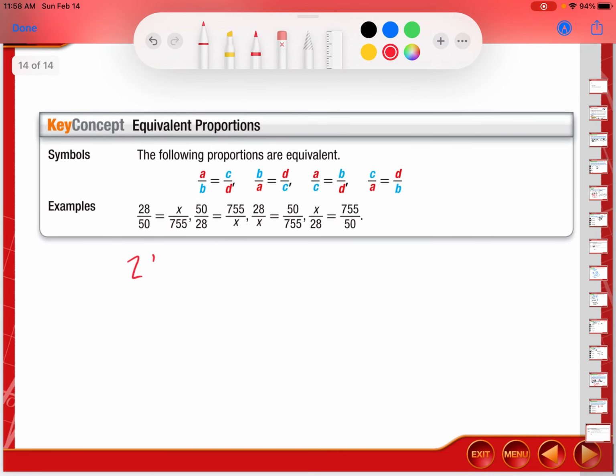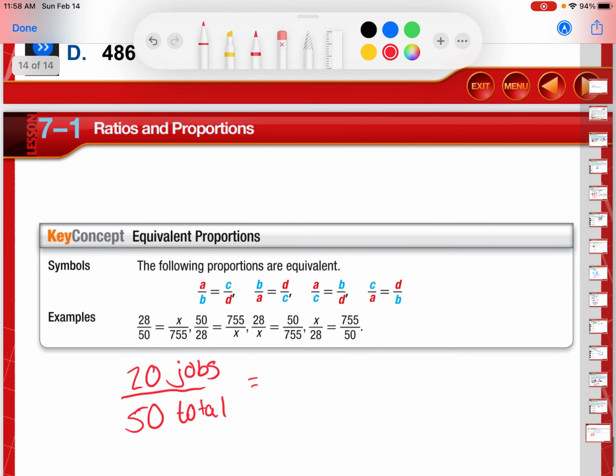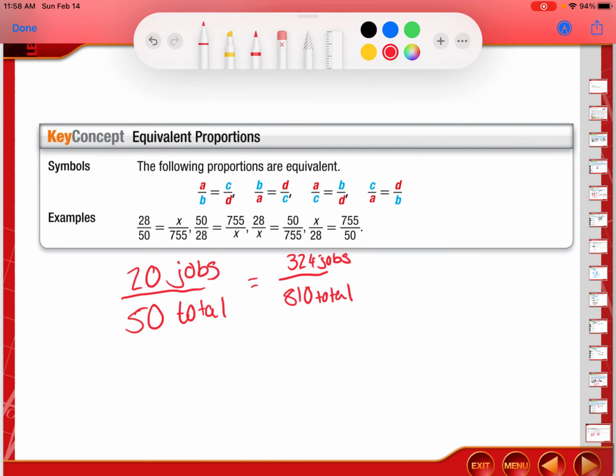So I had 20 students with jobs over 50 total, and then we set that equal to how many total? 810. 810 total. And then we solved for 324 people with jobs that we predicted. So if we cross multiplied each of these, they would both equal 16,200.